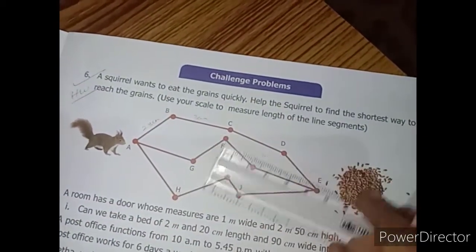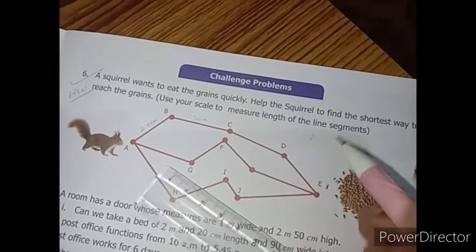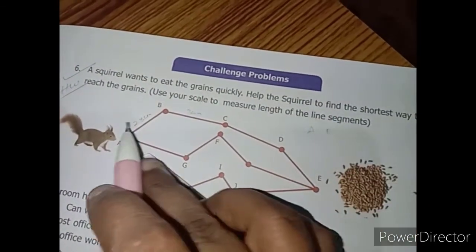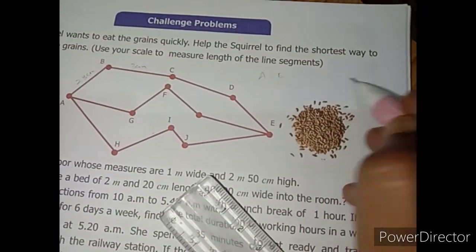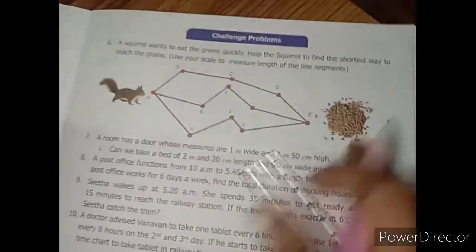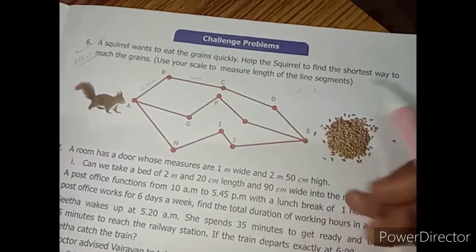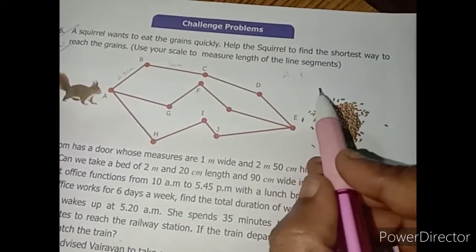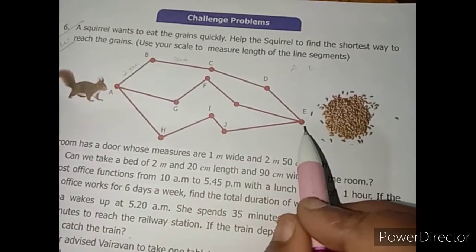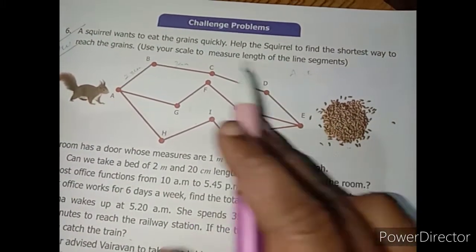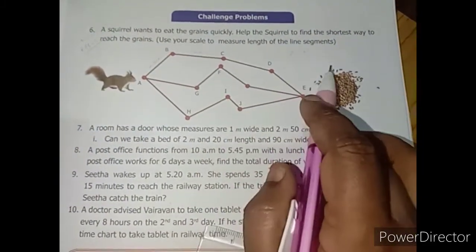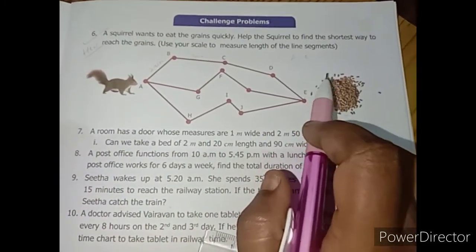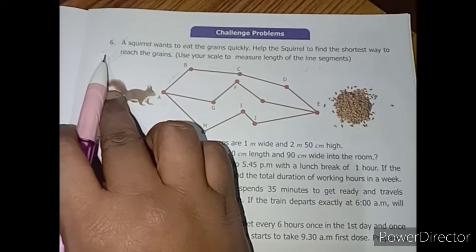Likewise, you have to check for all the things, and then from A to E. So as I told you, this part A to E, you have to write and measure, and you have to add it. Then from A to E, in this way you have to add it again. From A to E, through this way you have to add. So finally, which is the shortest length, you have to write that one as the correct answer. So this also as homework.